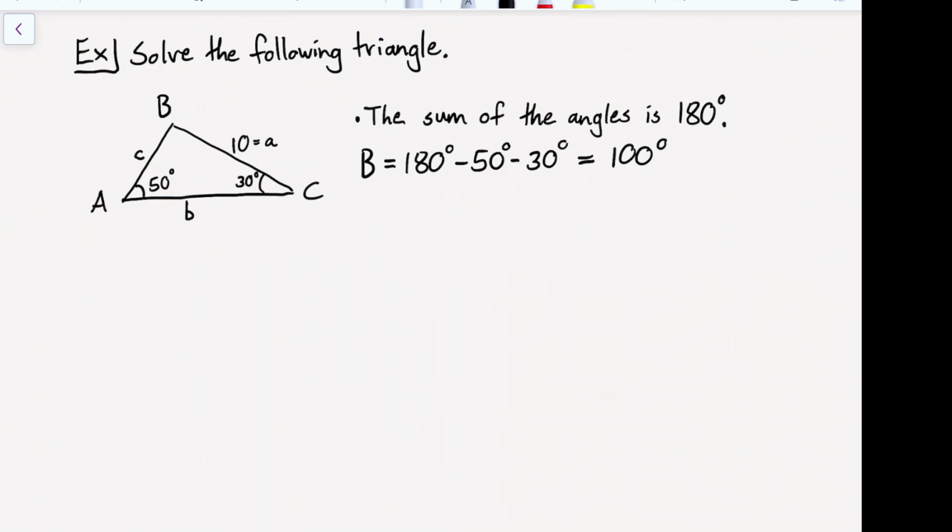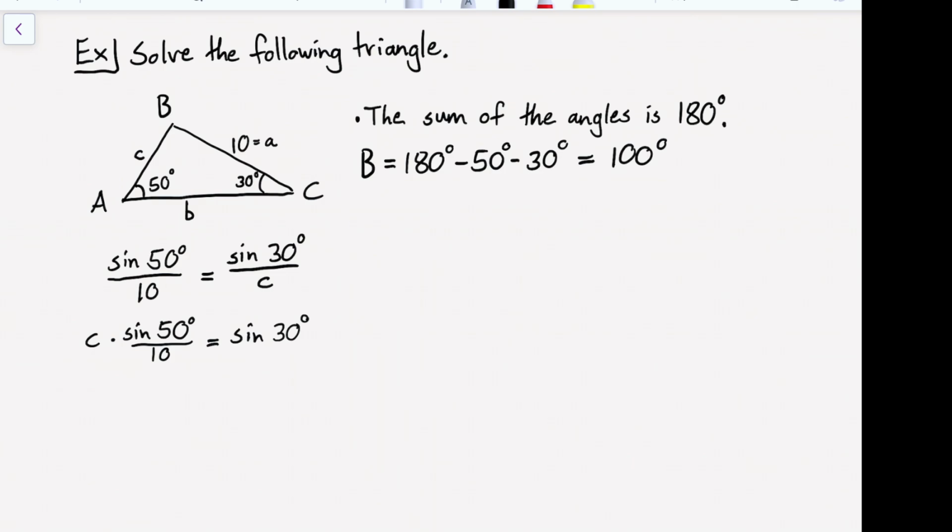To do this, we can set up a ratio. We can say sine of A over a, or sine of 50 degrees over 10, is equal to, say we want to solve for little c first, so we'll say sine of C over little c. Now I can multiply both sides of this equation by c, and I could say c times sine of 50 over 10 equals sine of 30 degrees.